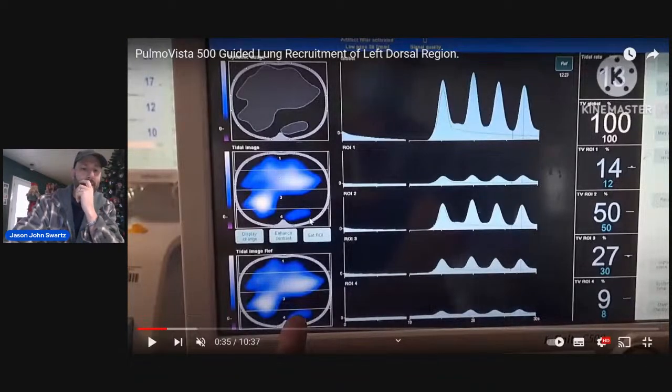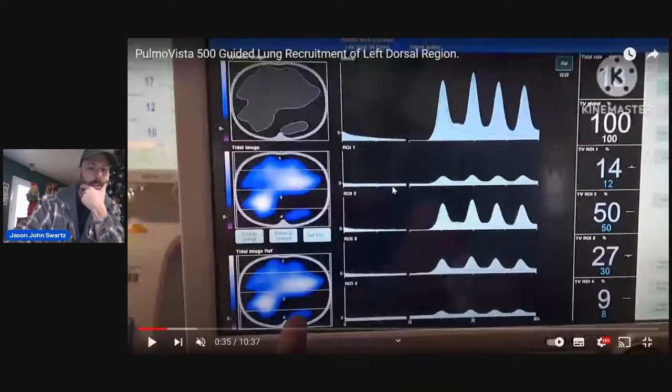We're looking at a caudal to cranial view. Therefore, the sternum would be here of the patient. His right lung is here, the spine, then this is the left lung. So it's not like an AP X-ray. We're looking caudal to cranial like a CT scan, and distribution here is not happening.